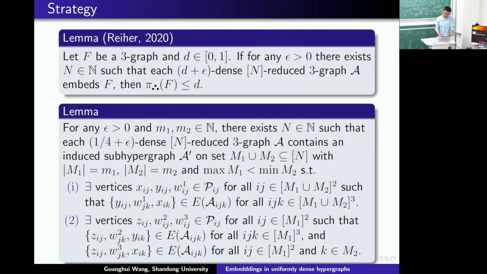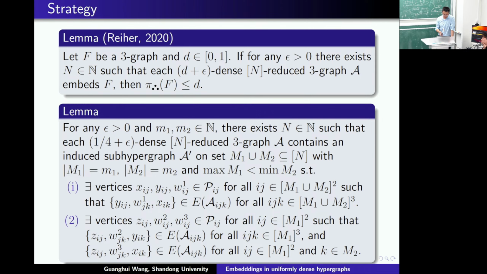For us the key lemma is the following. For every epsilon, we find a bigger n, where n is the index set size, such that each (1/4 plus epsilon)-dense reduced 3-graph, we can find an induced subgraph A' on the sets M1, M2, and in each part, in each color class, we have six special vertices, such that there are some special edges between the vertices.